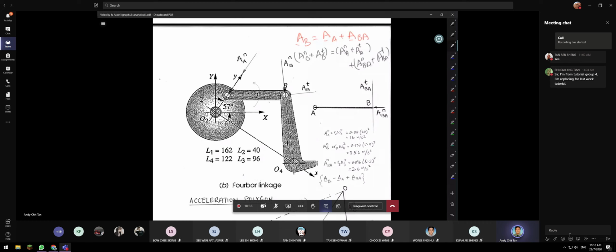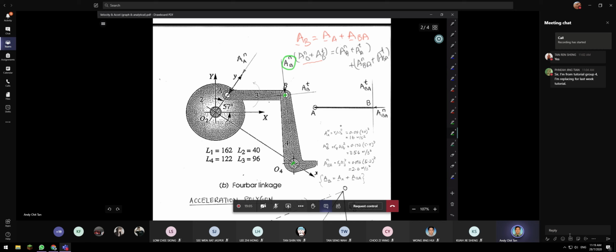Okay, now once you know this, your next step is to draw the component of this acceleration on your free body diagram. All right, so we start from acceleration of B. All right, so acceleration of Bn, we know has to go through the center of gravity towards the center of rotation.